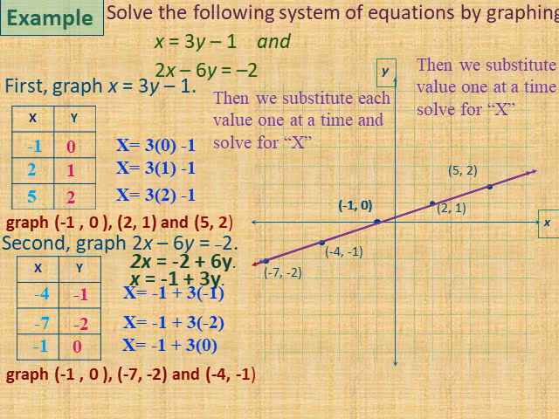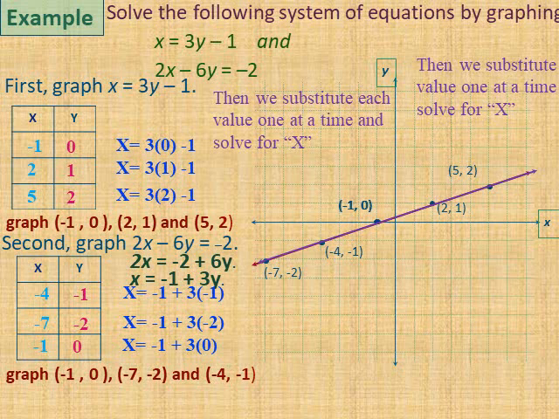Finally, I'm going to graph the same line. The two lines are identical here, right? So in this case, this is called two coincident lines, which means two identical lines, right? Finally, I got only one line. So I have an infinite number of solutions. Any point that belongs to the first line belongs to the second line, okay?